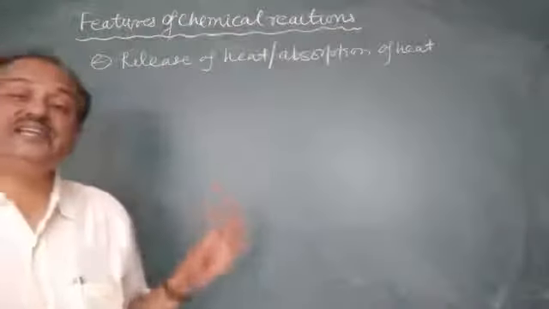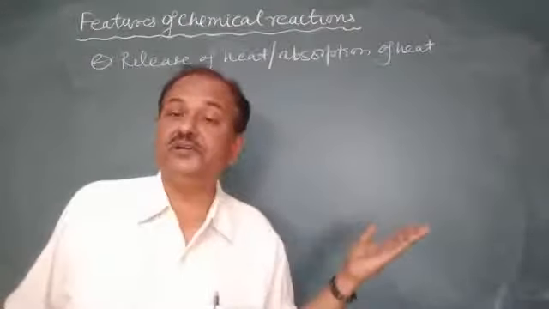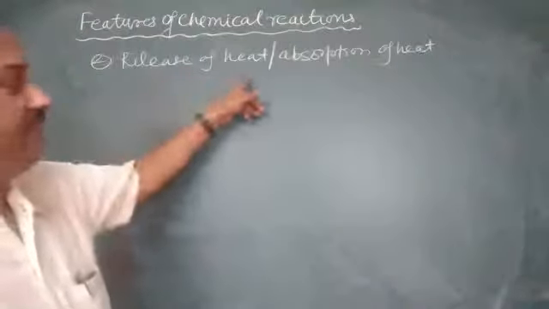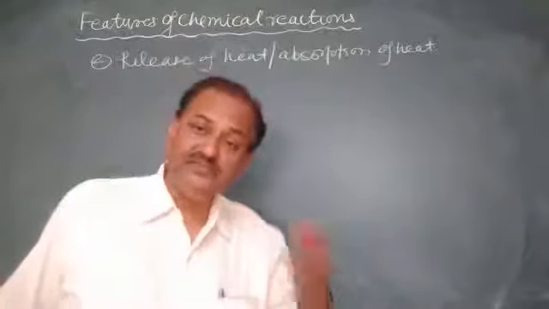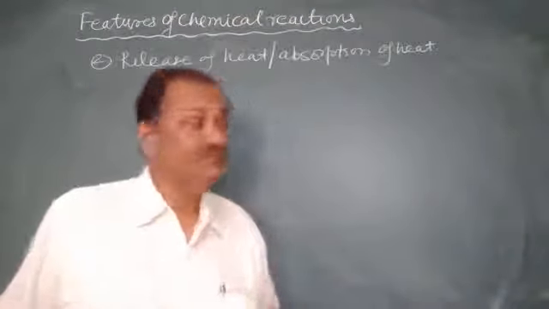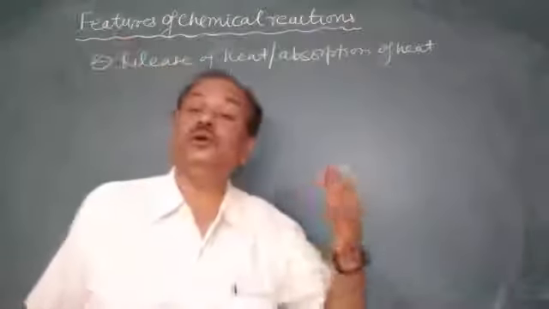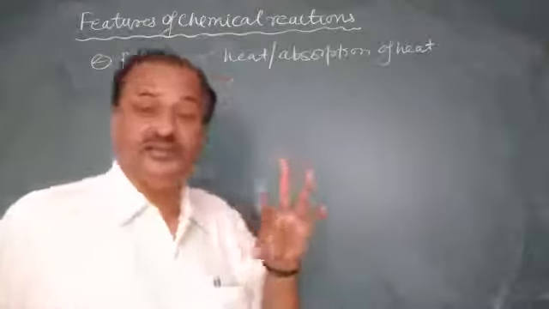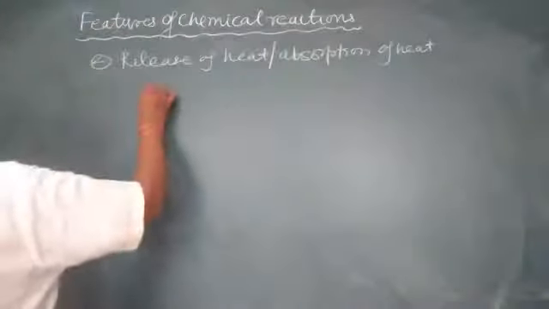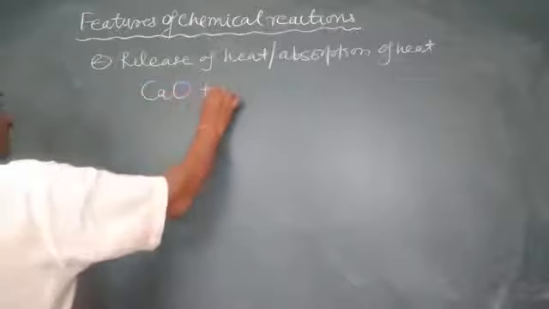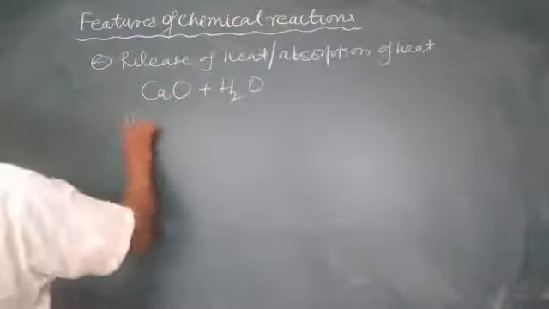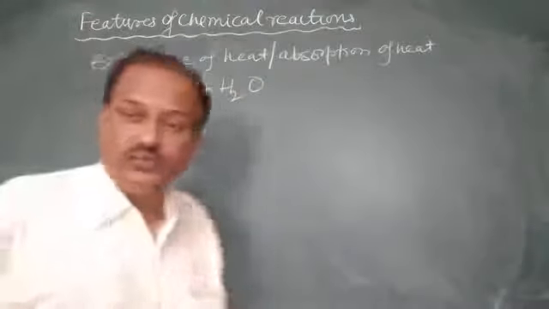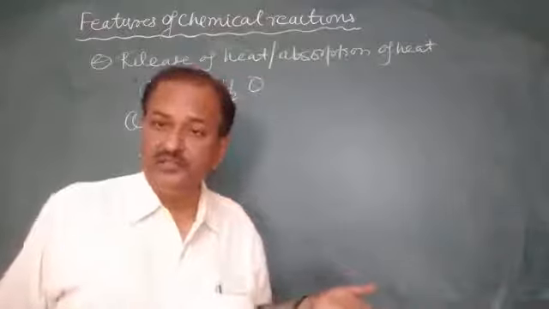Now the second feature of chemical change: either there is a release of heat or an absorption of heat. Release means heat is given out during the reaction, or heat is absorbed, that is, supplied. See what happens when we add quicklime to water, or in Hindi we call it chuna, during the whitewashing of buildings.